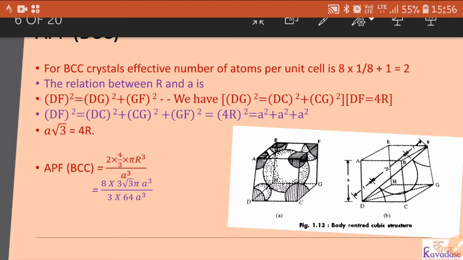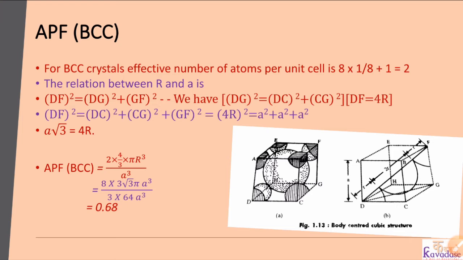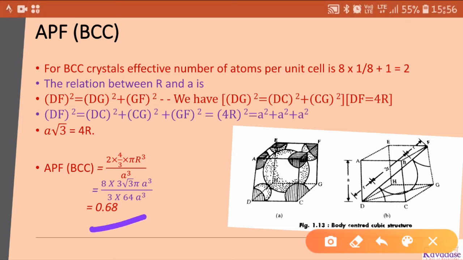After simplification, if you solve it you will get the value of APF as 0.68. If you remember, the value of APF for FCC is 74%, and here we get 68%.